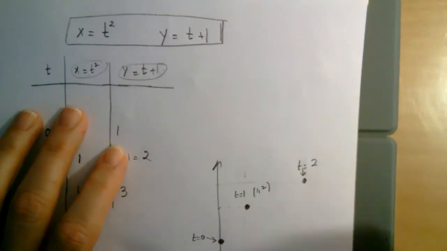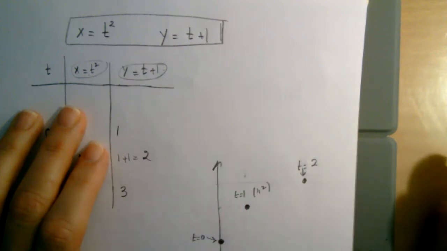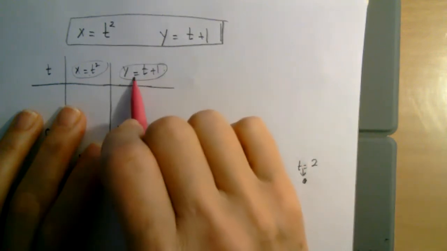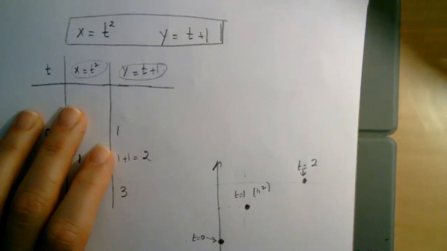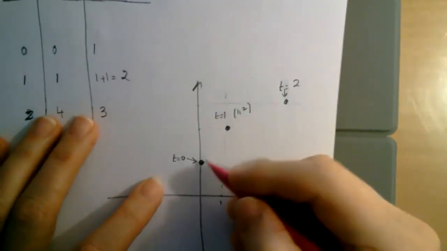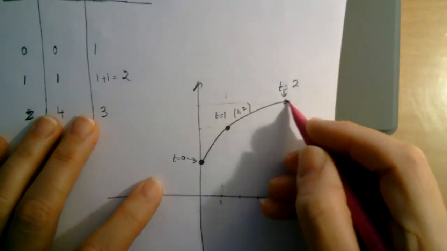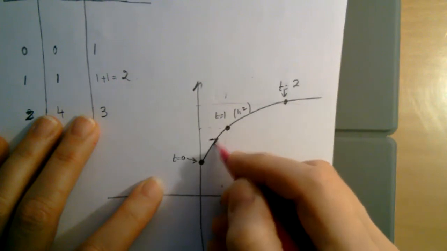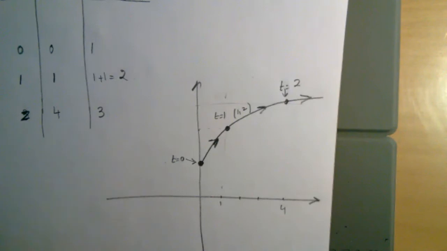So as time passes by, the x coordinate increases, which means the object is moving to the right, and the y coordinate is increasing. It means the object is moving up. So what's going to be the motion of the object? It is going to go like that. That's how it is moving. So we know exactly its direction of motion.